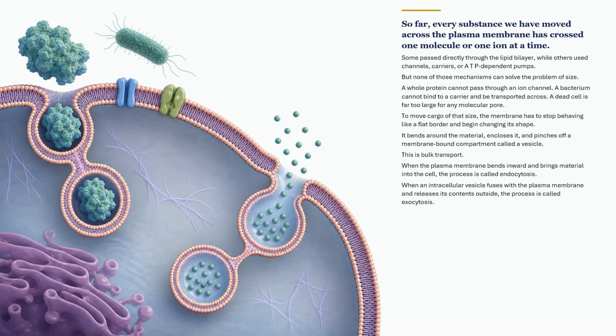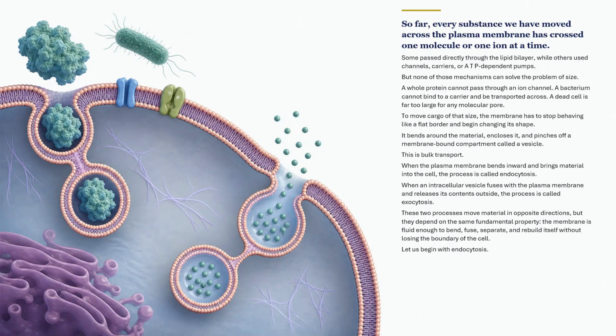When an intracellular vesicle fuses with the plasma membrane and releases its contents outside, the process is called exocytosis. These two processes move material in opposite directions, but they depend on the same fundamental property. The membrane is fluid enough to bend, fuse, separate, and rebuild itself without losing the boundary of the cell.